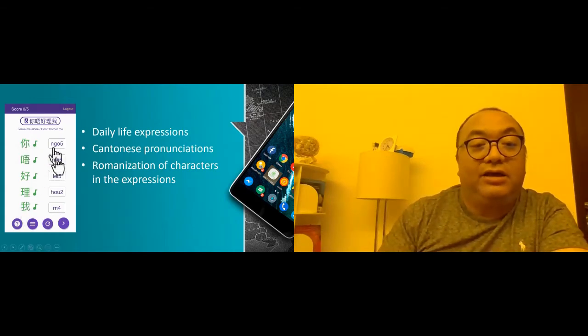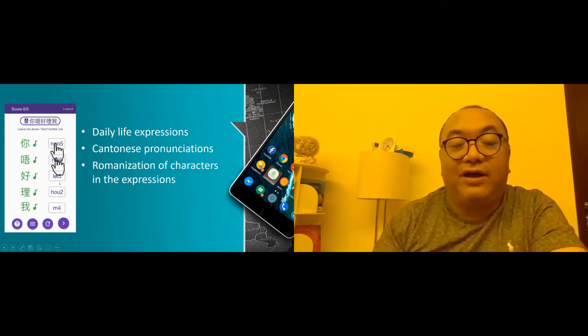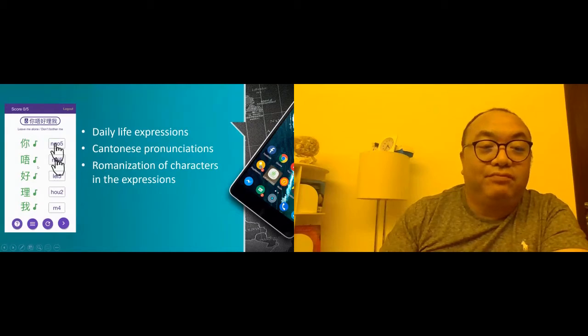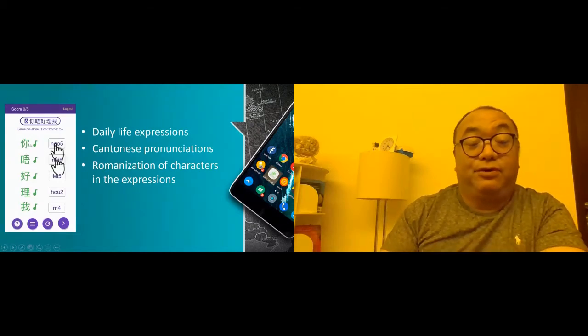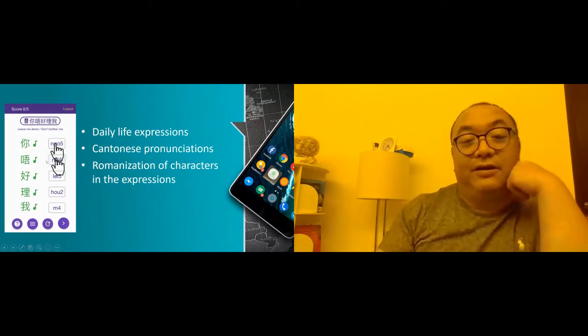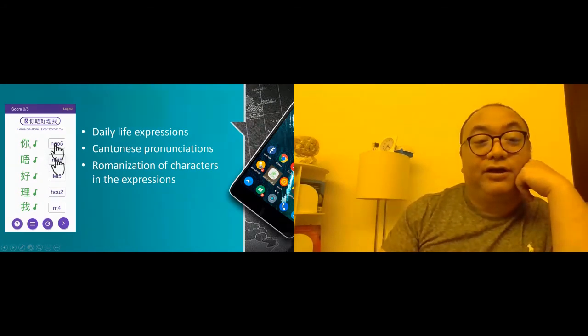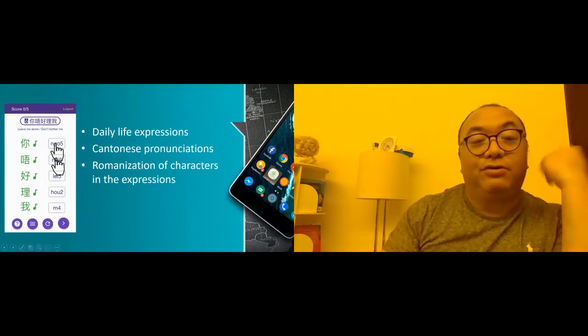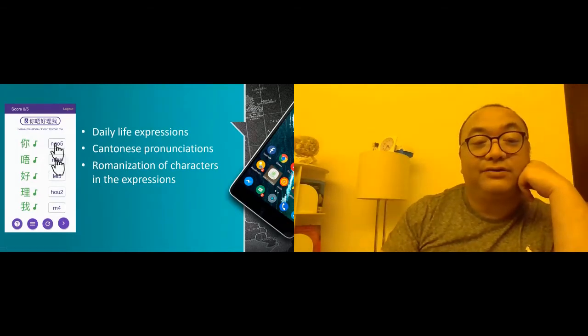Match this NEI5 with this one, NGO5, because I think they need this kind of exercise to strengthen their pronunciation skills, as they may not have enough tutorial or exercise time in class.